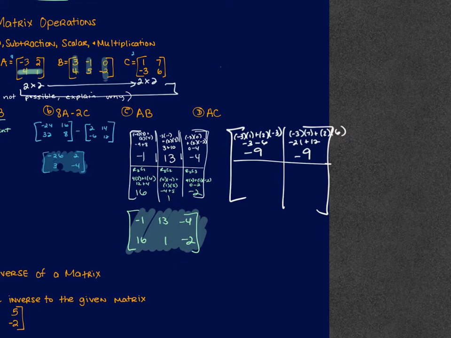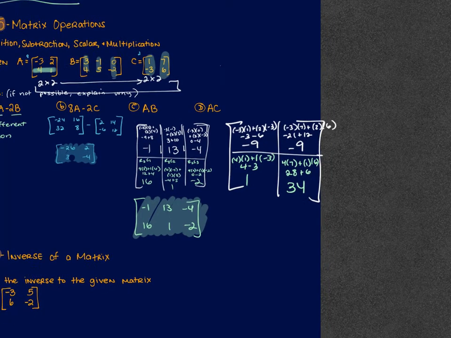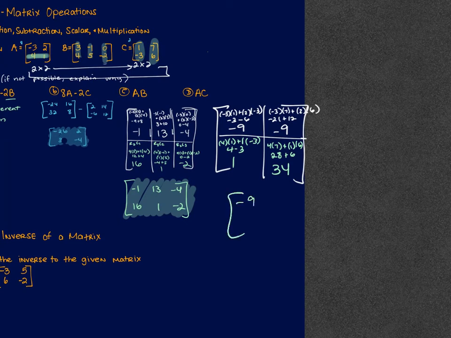Then I do row 2, column 1, 4 times 1 plus 1 times negative 3, 4 minus 3, which is 1. Row 2, column 2, 4 times 7 plus 1 times 6, 28 plus 6, 34. And then again, you'll rewrite it, negative 9, 1, and 34.